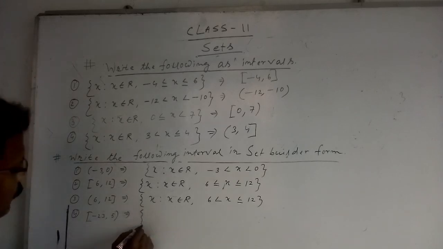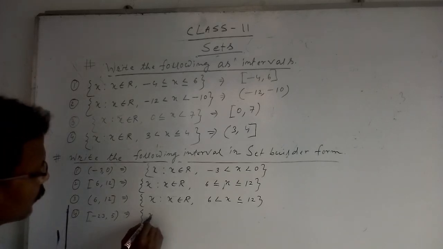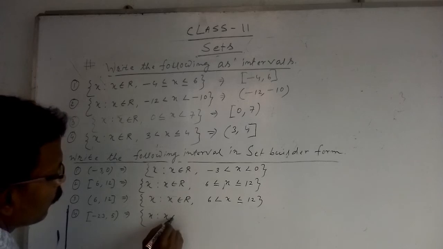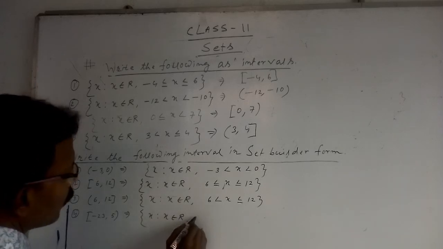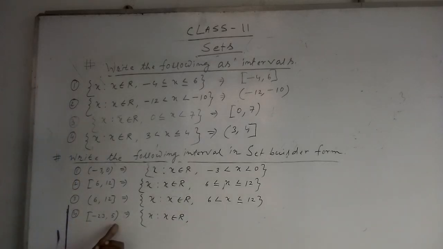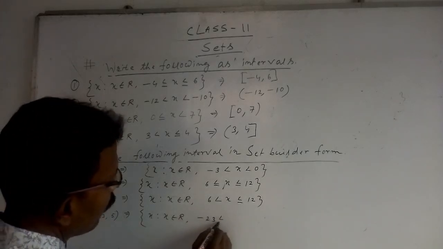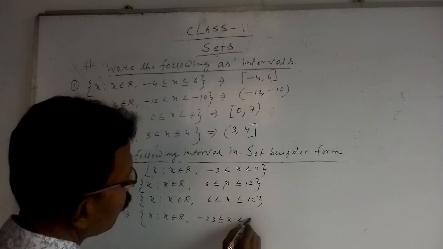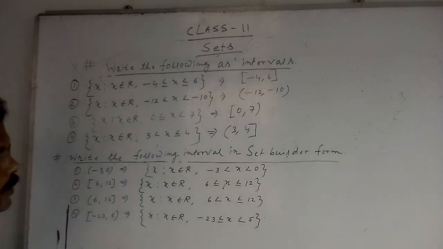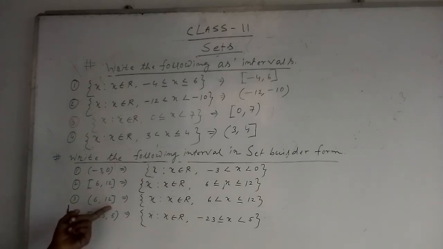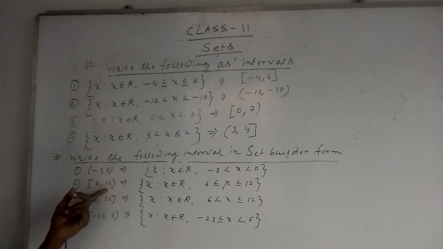Now the last one, x such that x belongs to R, closed from left and open from right, that is minus 23 less than equal to x less than 5. These are all the answers. This is closed from left, this is closed from right, this is closed interval and this is open interval.